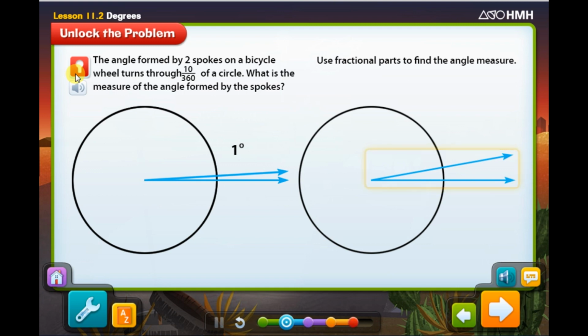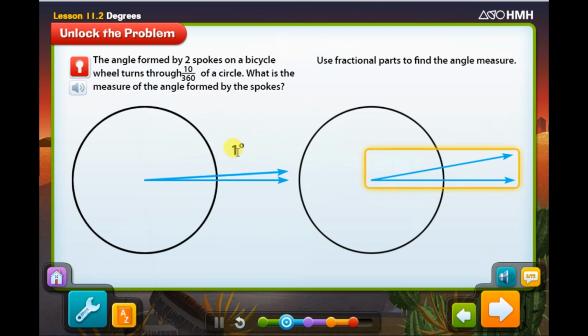Okay, so if I have a complete circle, this means a complete 360 degrees. If I have one small part of this circle, this means 1/360, which is one part out of 360.